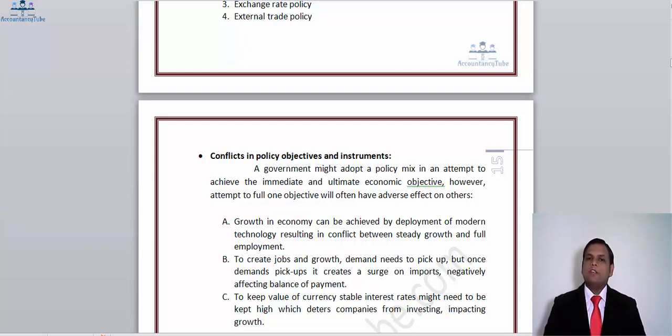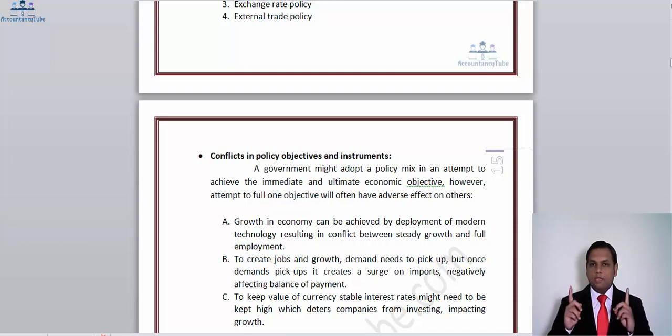As a result, this will create pressure on our imports, which will result in a decline in the balance of payments. Perhaps it could even create a deficit instead of a surplus. So here, employment is contradicting with the balance of payments control objective.